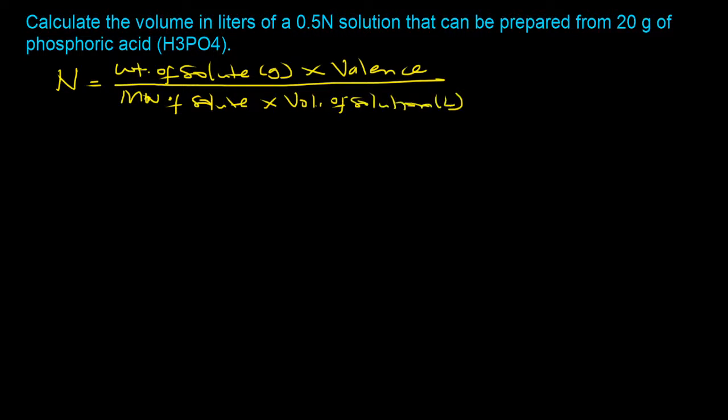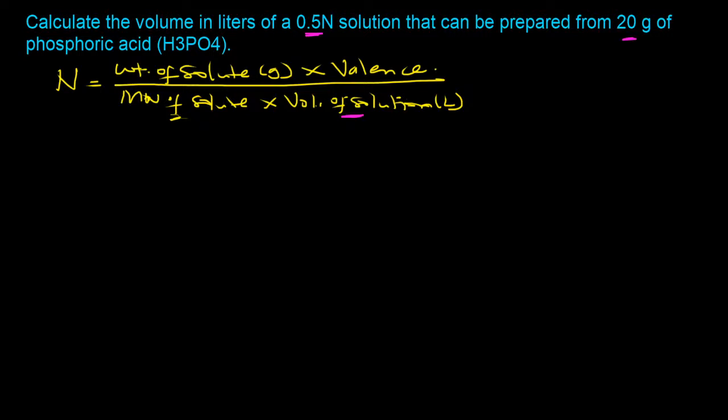in liters. So this time around, what we're actually looking for is this term right here. We've been given the normality, the quantity, and we want to find the volume of solution. So we need two more terms. We need the molecular weight of solute and the valence.